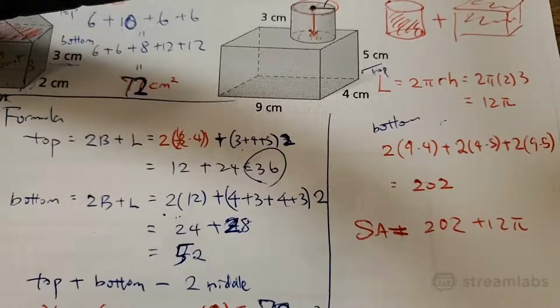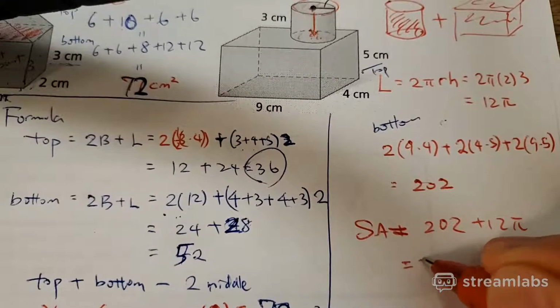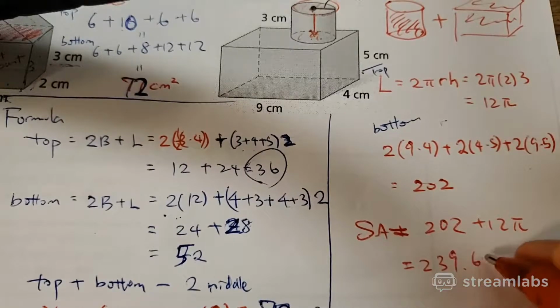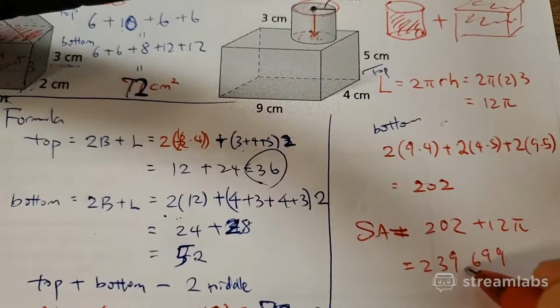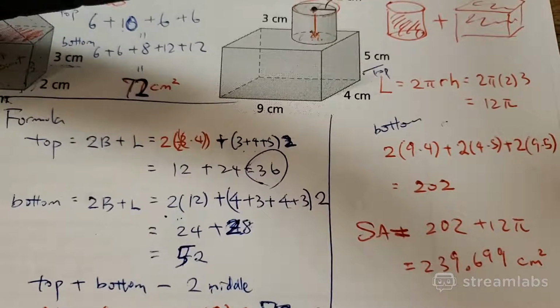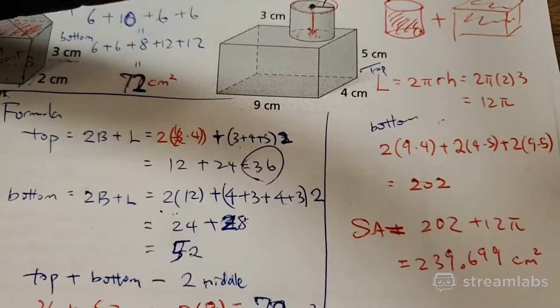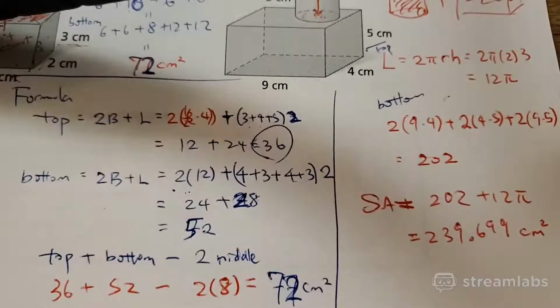If you round it, you get 239.69, in centimeters squared. Okay, does that make sense?